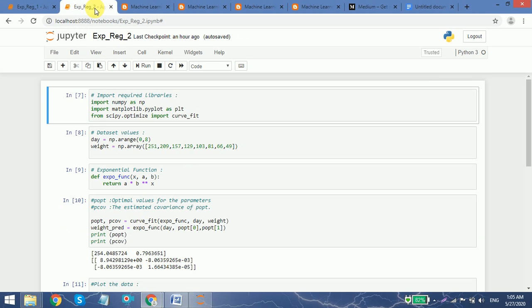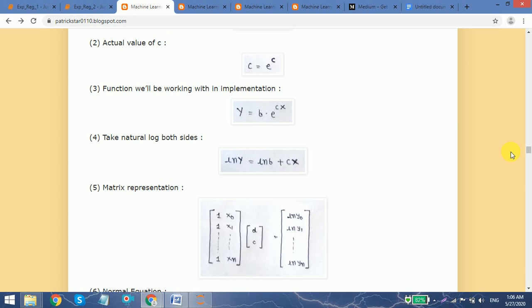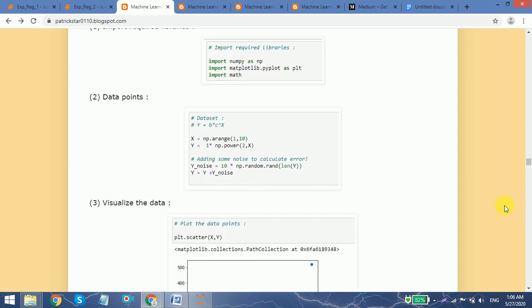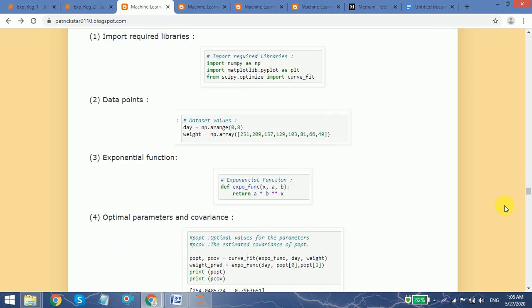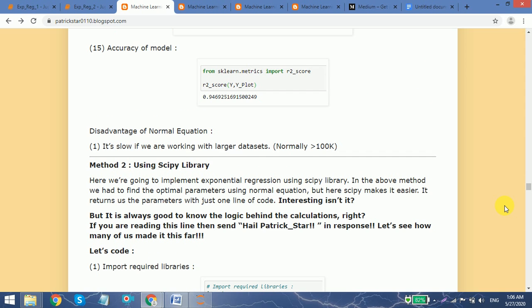Okay, so now moving forward to the second method. Sorry, the second method was the implementation of exponential regression using the SciPy library.